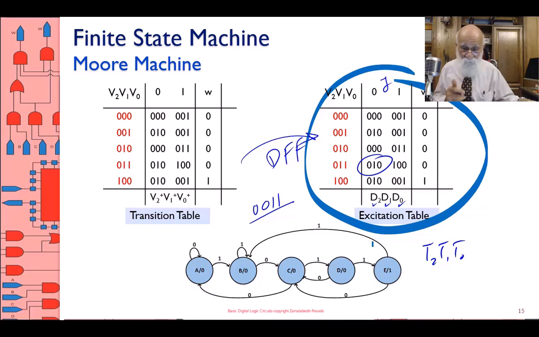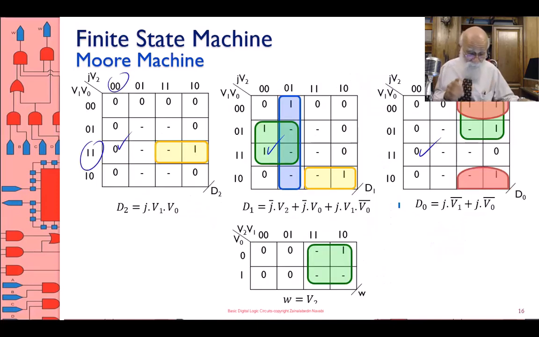This is where we left off. So what I have here is the excitation table for the chosen flip-flop, D type: D2, D1, D0. So let's come up with three 4-variable maps, one for D2, one for D1, and one for D0.